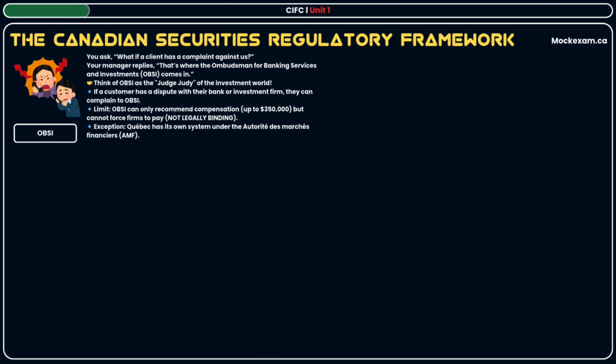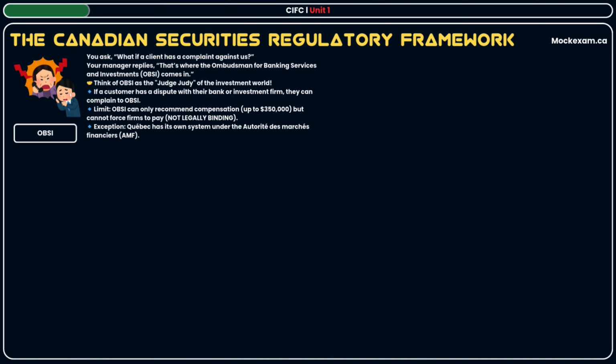Office of the Superintendent of Financial Institutions, or OSFI, is a federal regulator responsible for supervising which institutions? Banks like RBC, TD, Scotia, those big six banks and every other bank.